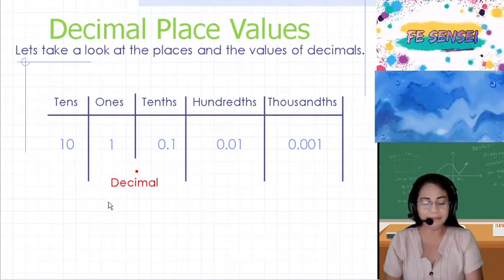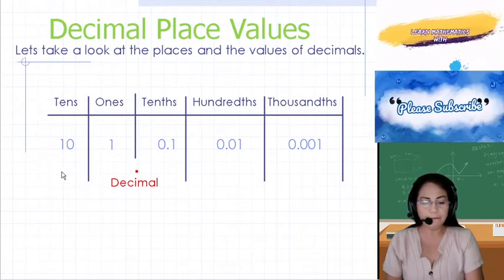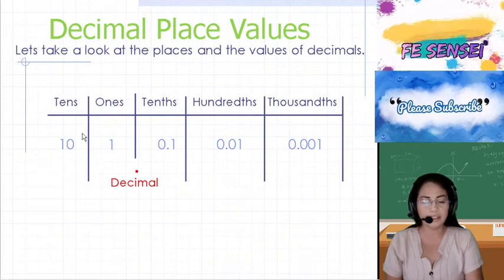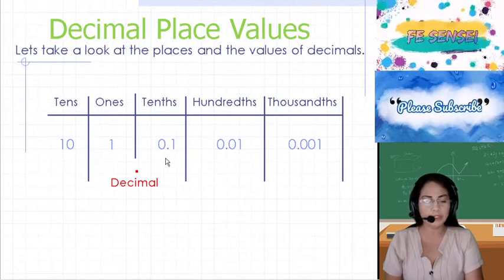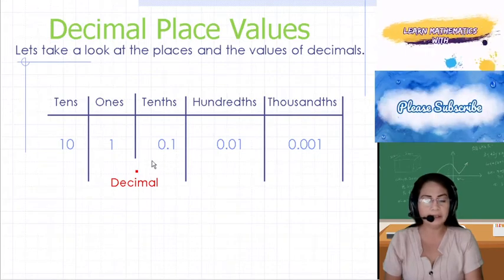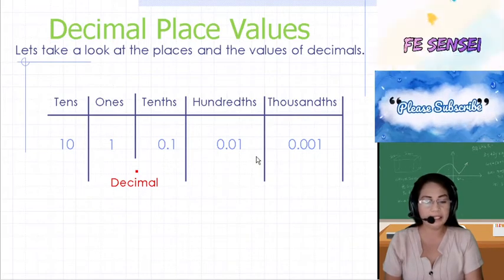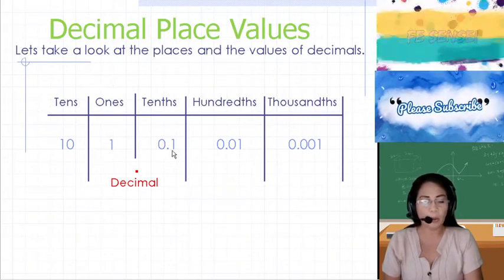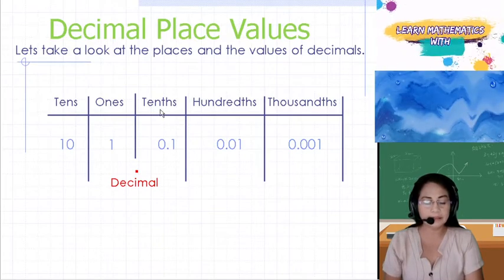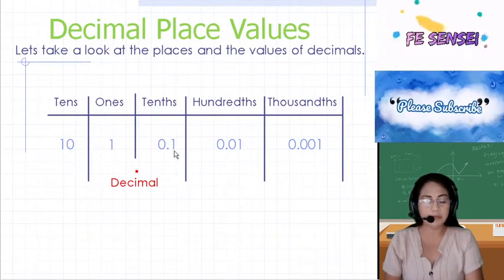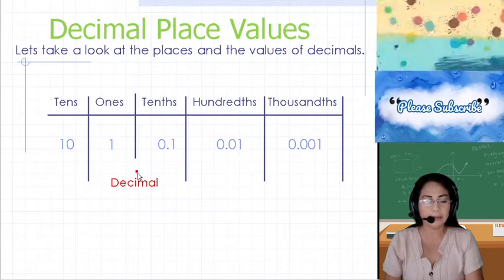So again, numbers to the left of the decimal point are whole numbers, while numbers to the right of the decimal point are decimals. Tenths is the place value of the first number after the decimal point.